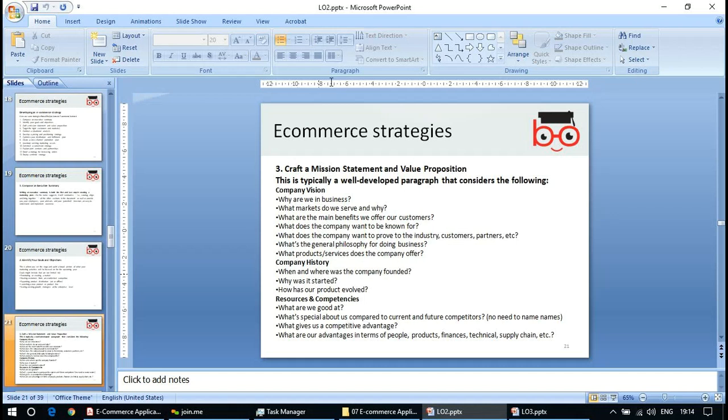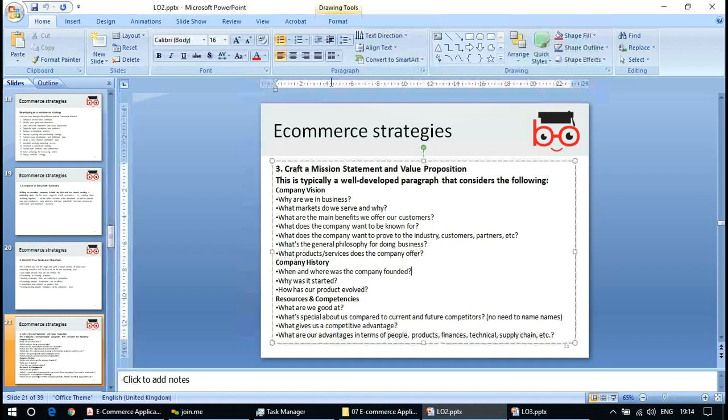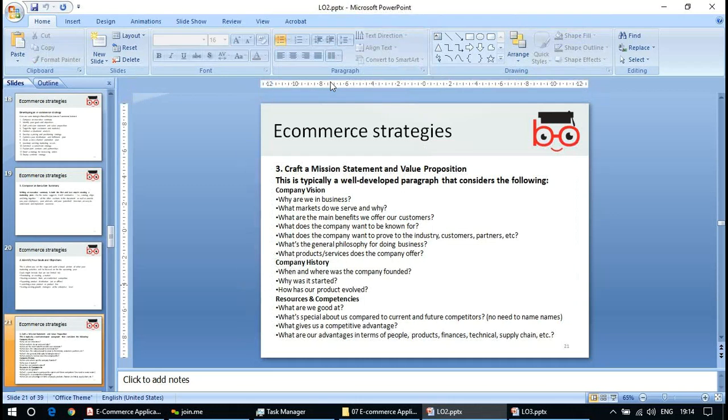Company history: when and where was the company founded, it's most important. Within your mission, you can say, for example, if you are not working well and not growing well, and it is just a few months, then you can say it's new and you need to wait.